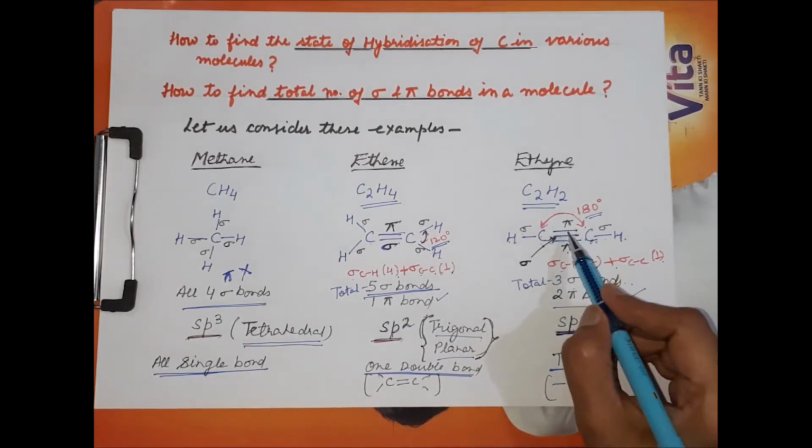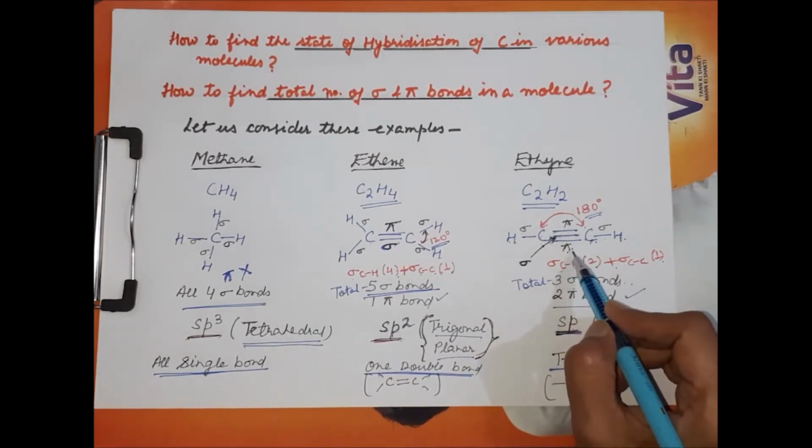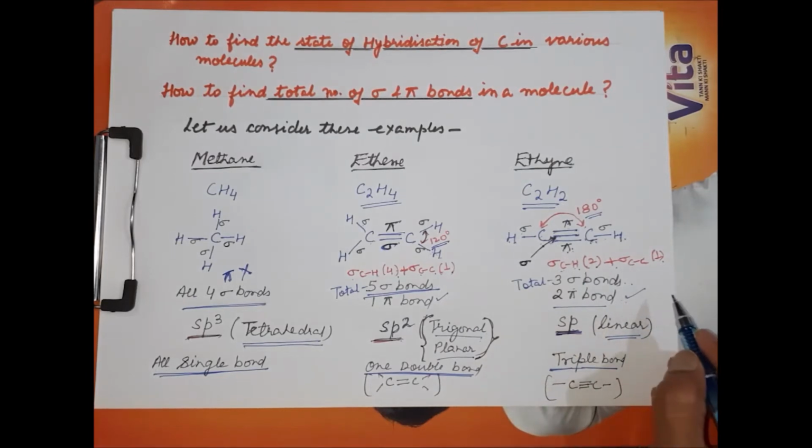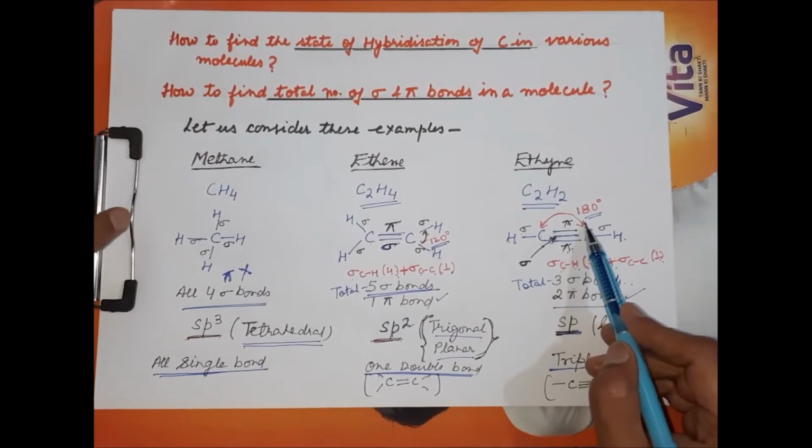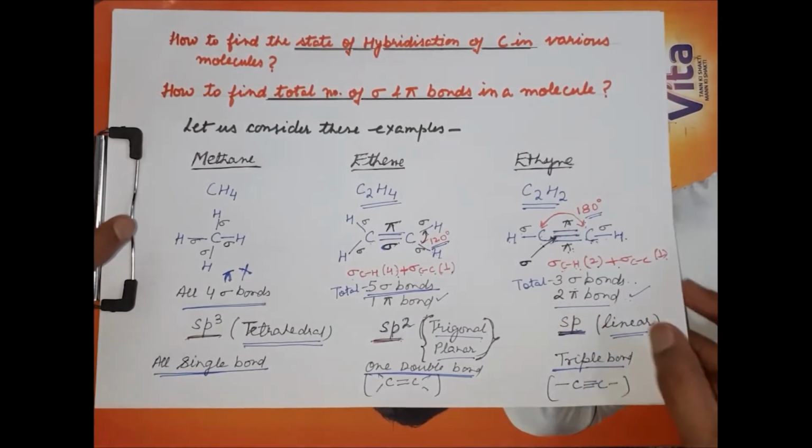And pi bonds, this one above and 1 below, so 2 pi bonds are there. And whenever we see such compounds where carbon has a triple bond, that carbon is in sp hybridized state, the shape of the molecule will be linear, and this angle is 180 degrees.